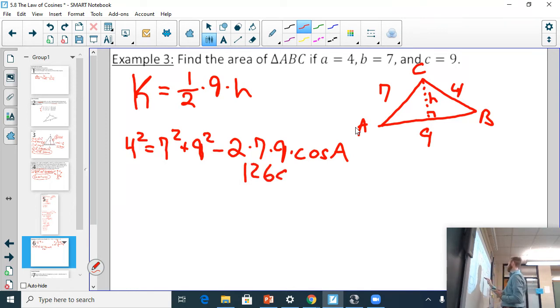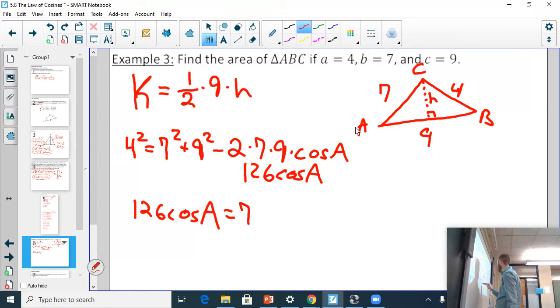And then we have the cosine of A on it. I'm going to add that over and subtract the 4 squared over. So I have 126 times the cosine of A equals 7 squared plus 9 squared minus 4 squared.